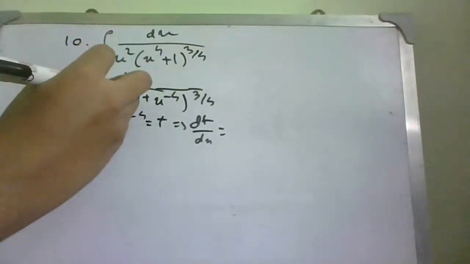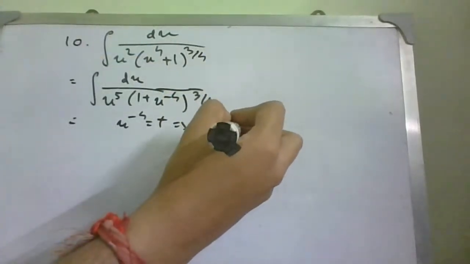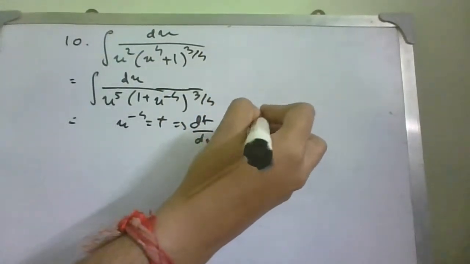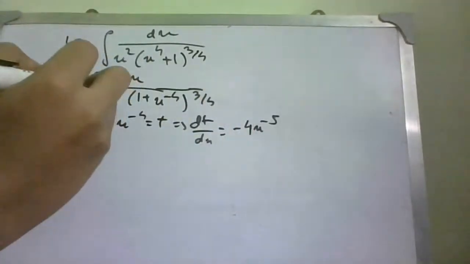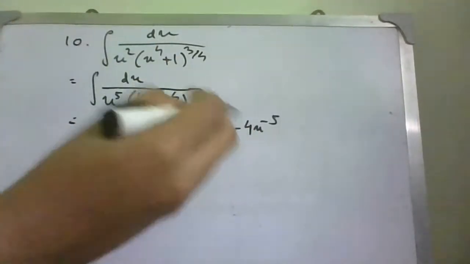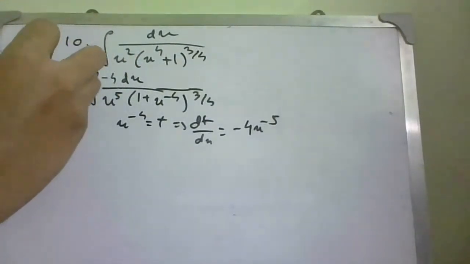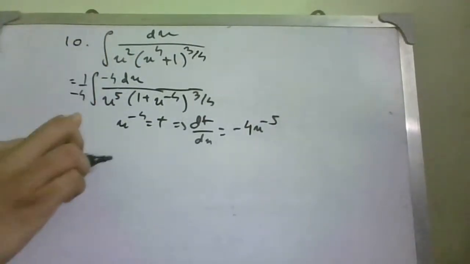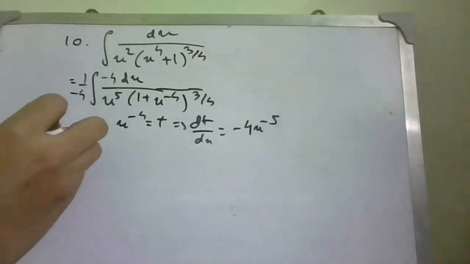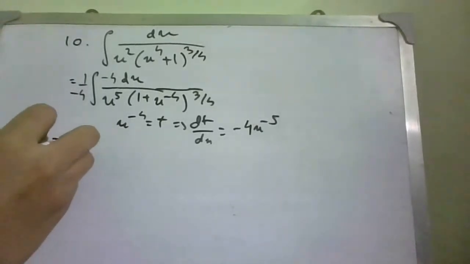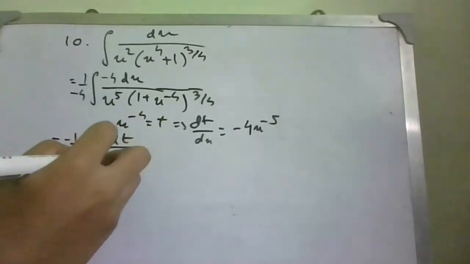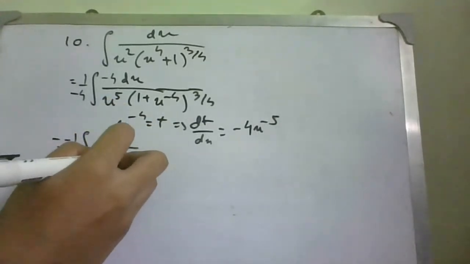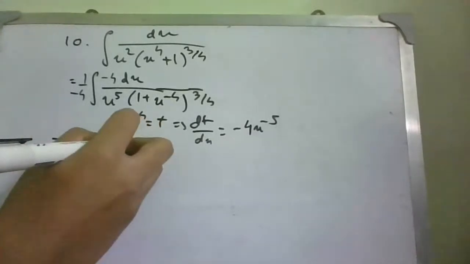So this is minus 4 times x to the power of minus 5, and we already have x to the power minus 5 over here. The one thing we require is minus 4, so we multiply by minus 4 and divide by minus 4. So the integral is minus 1 by 4, dt over (1 plus t) to the power of 3 by 4.